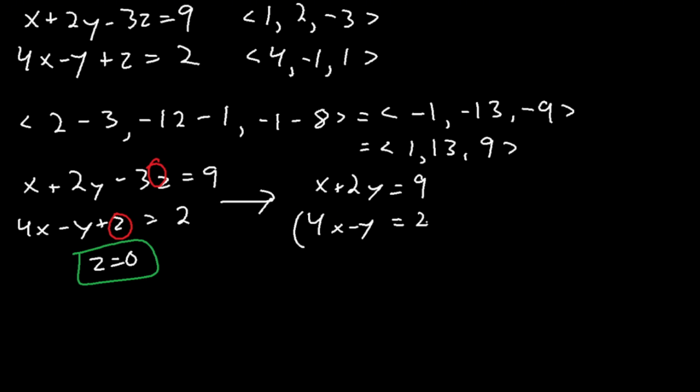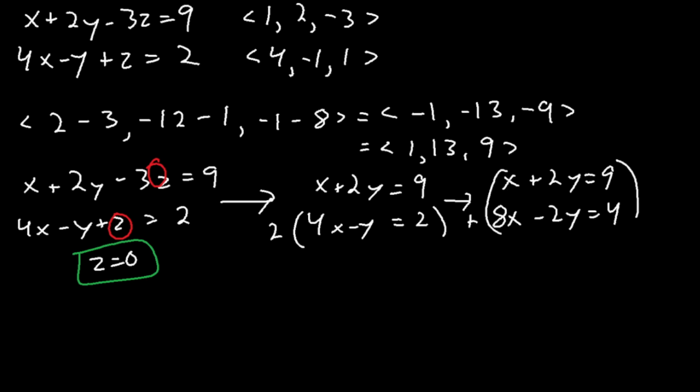And if we multiply the bottom equation by 2, we get x plus 2y is equal to 9 and 8x minus 2y is equal to 4. Okay. And then if we add these two equations, the y variable gets canceled out, and we get 9x is equal to 13. So x is equal to 13 over 9.